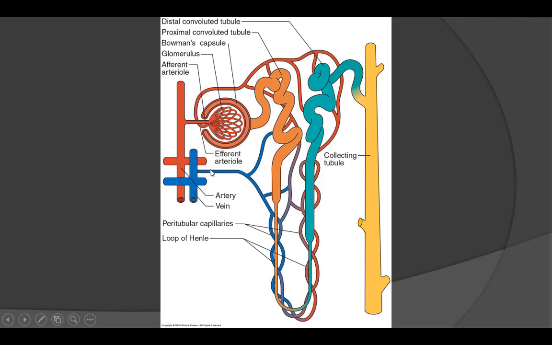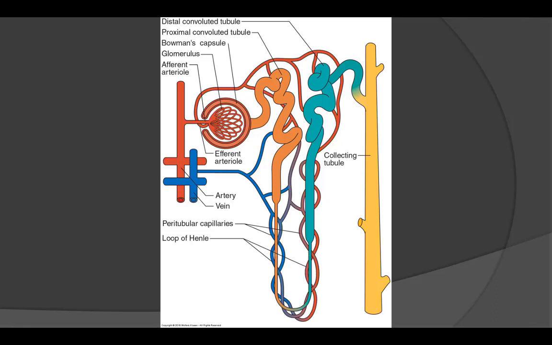So the blood supply of kidney is different from the usual blood supply that you see, where you have artery becomes smaller, it gives branches which are called arterioles. Then they give branches which are called capillaries. Capillaries join, form venules and veins. But here you have a special arrangement.